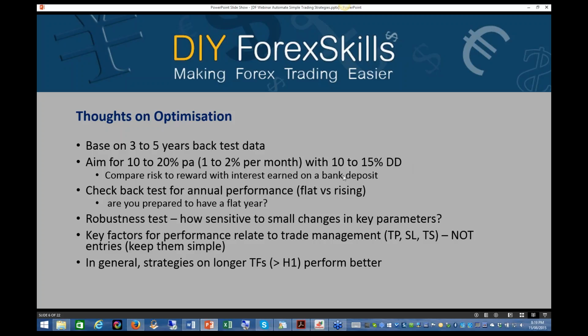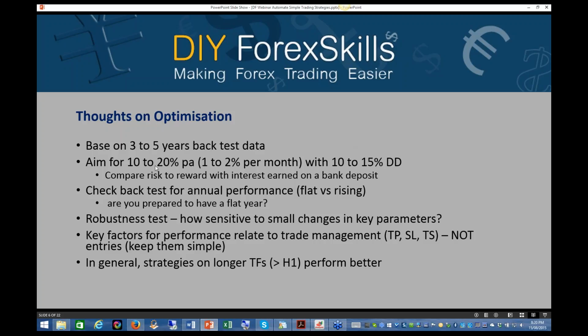So you'd certainly want to do better than 3 to 5% per annum. What we're suggesting is that with 10 to 20%, you're getting more than you'll ever get by putting your money in a bank. But you do need to remember that with Forex trading, you are susceptible to drawdowns or to losses, as compared to a bank deposit where, unless things really go bad, your money is safe.